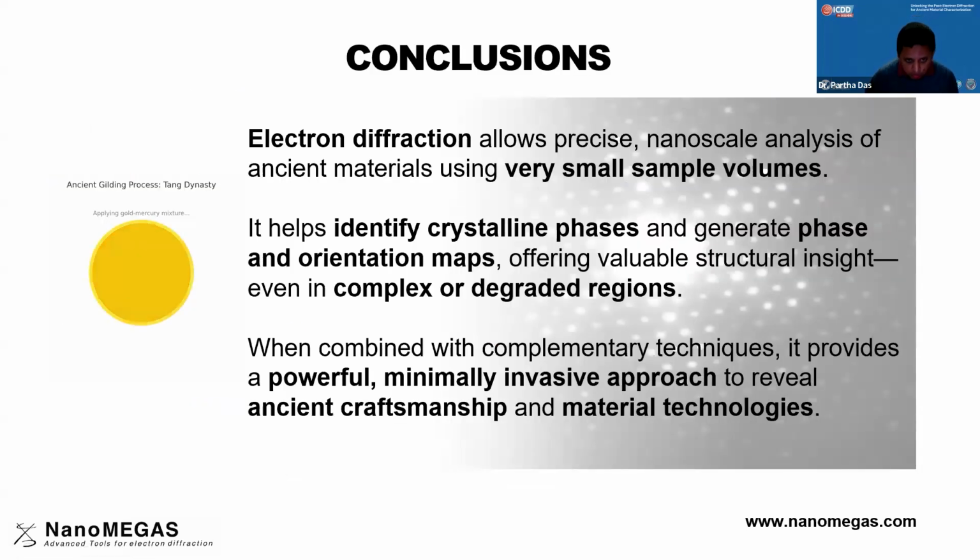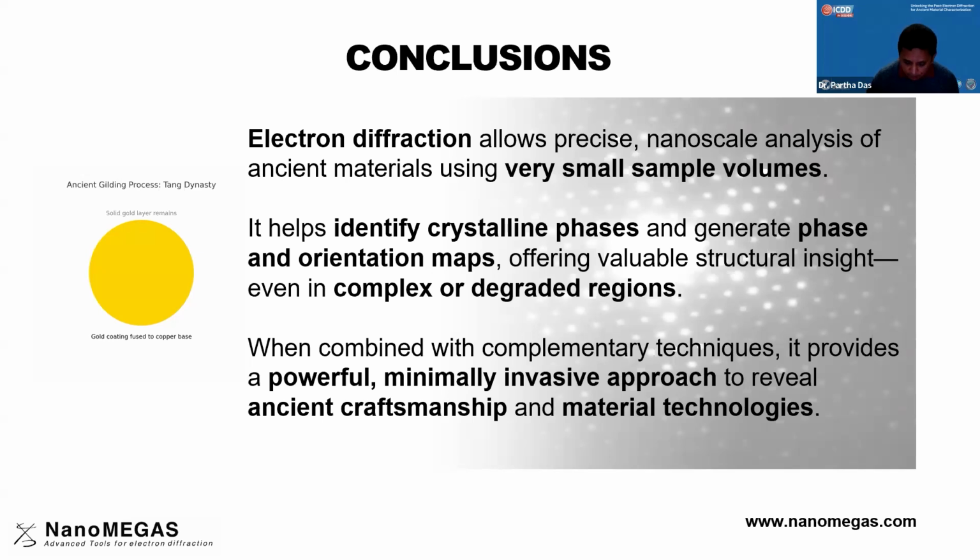With these conclusions, I would say electron diffraction is a very powerful technique. You can use it to study ancient materials at nanoscale resolution with a very small quantity of material. It can identify unknown phases, even if present in very small quantity or in degraded areas.